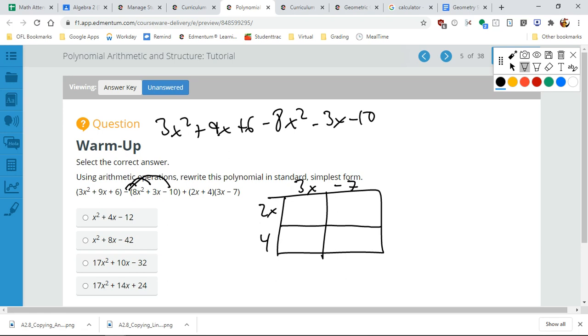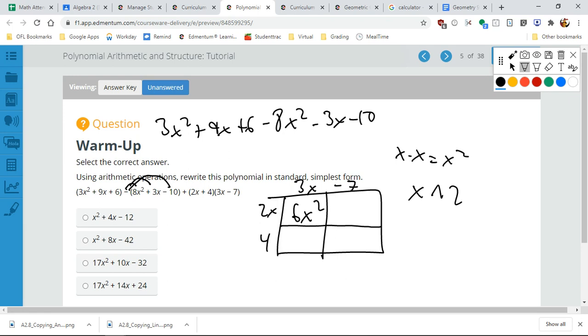2x times 3x. Can anyone tell me what 2x times 3x is? You can type it in the chat. 6x. Close. It's actually 6x squared, because x times x is x squared. I know that's hard to type in the chat. The way you would type it is x, this little caret sign, and a 2. You could also type in the word squared.